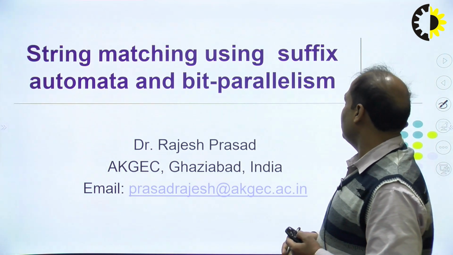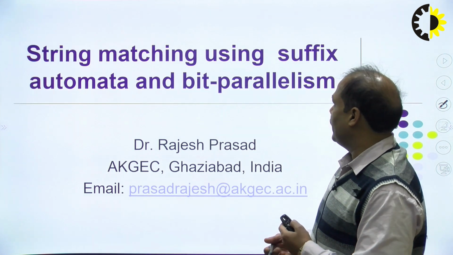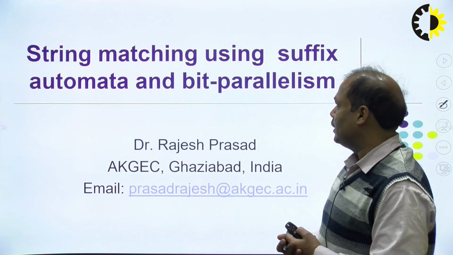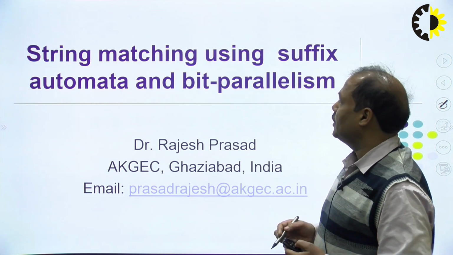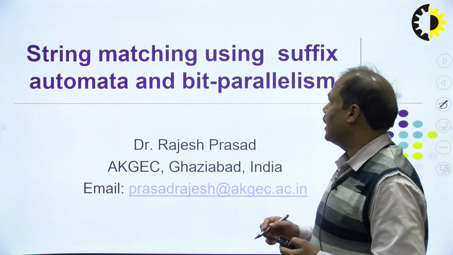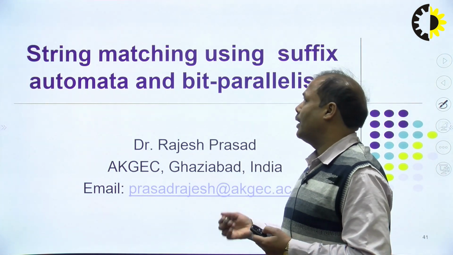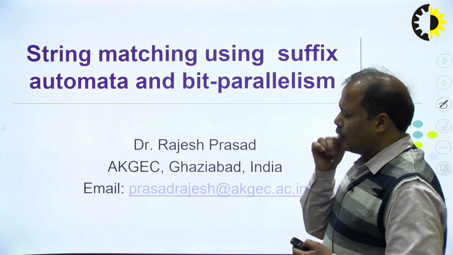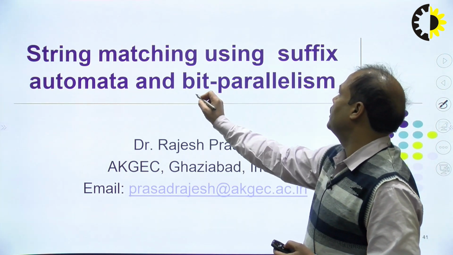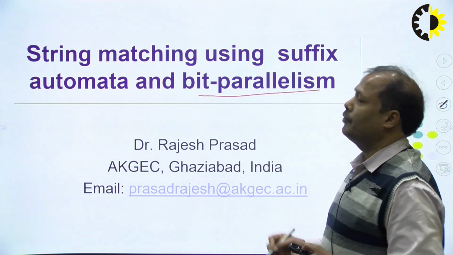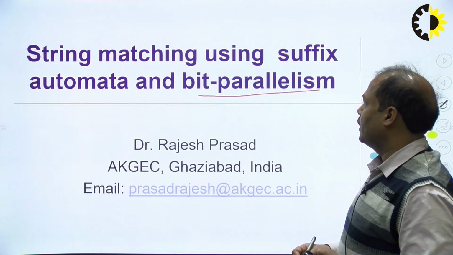And bit parallelism is very popular nowadays because it is not converting finite automata to DFA. Unlike other string matching algorithms using finite automata, which convert NFA to DFA, bit parallelism directly simulates the NFA by using bits of a particular pattern.